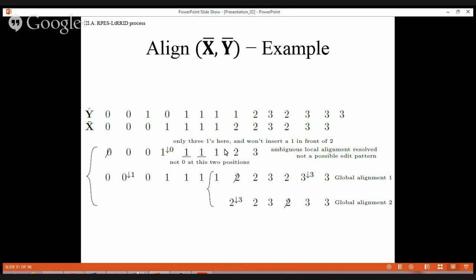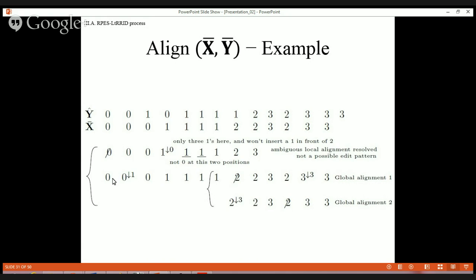So there can be no other insertion of ones here, which means after this 0, the number of ones would be 3. However, the number of ones after this 0 in Y hat is 4. Hence, we know the first alignment is impossible. So we don't need to continue aligning this alignment.